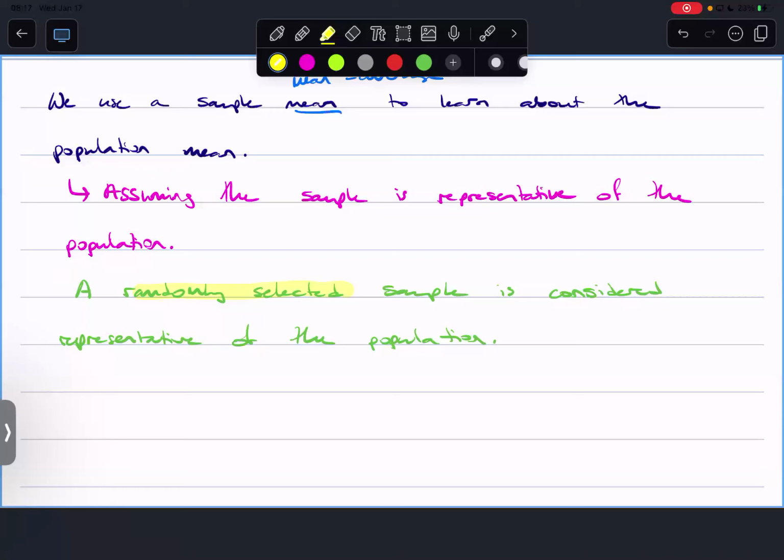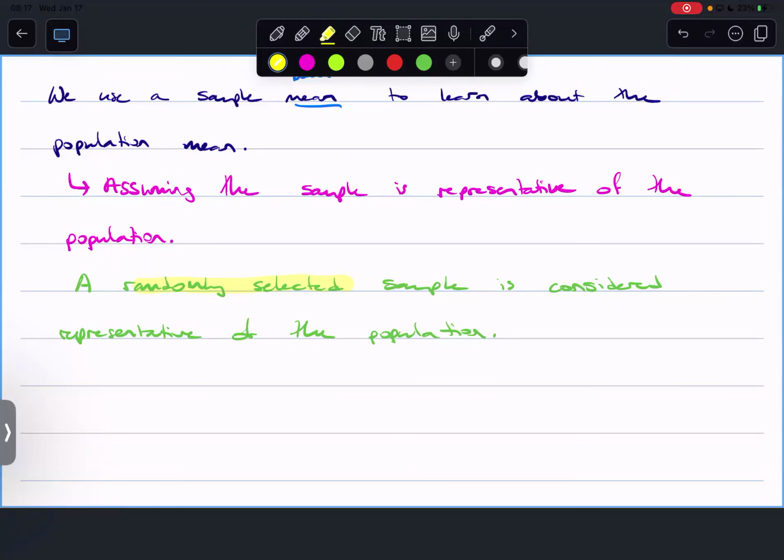It's not that great, but it works. So you would generate a list of random numbers the same length as your list of people that you want to draw from, attach those random numbers, and then sort them and pick the first 20 or 30 or whatever sample size you want, and those would be randomly selected. It's a quick way to select a random sample. It assumes you have a list of the things that you want to select from. There are lots of different ways to select a random sample.